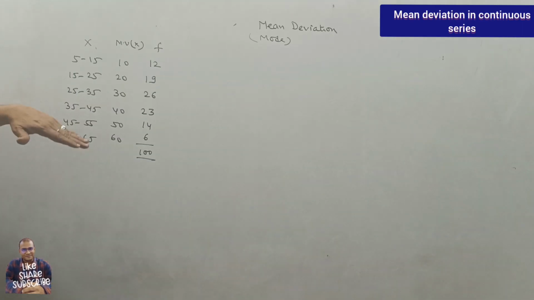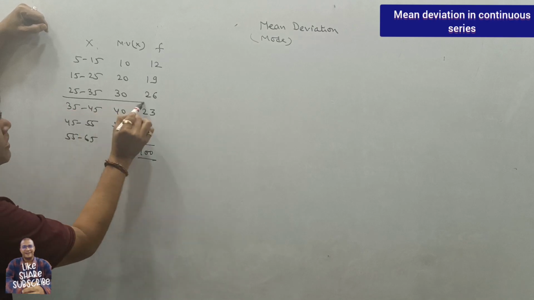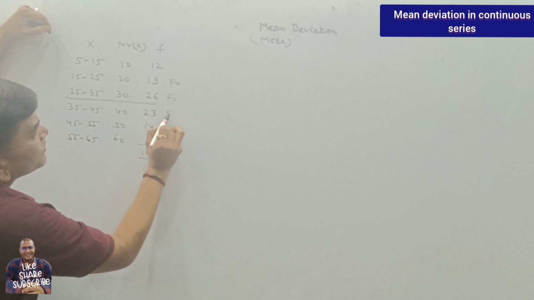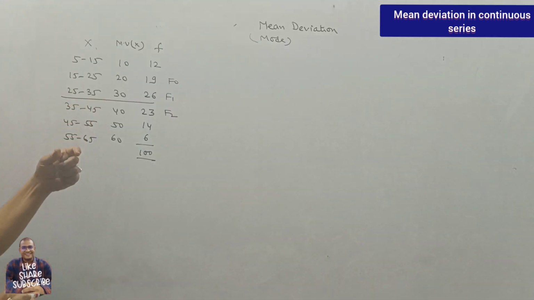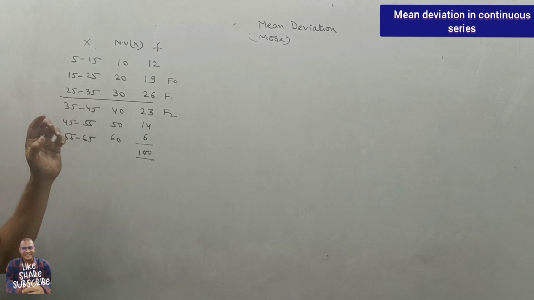For calculating mode, this will be the modal class, this will be f1, this will be f0, this will be f2. By the observation method, we know that our modal value lies between 25 to 35.